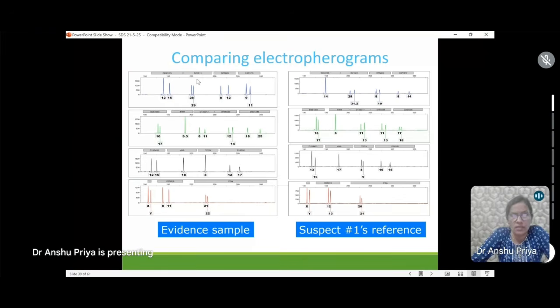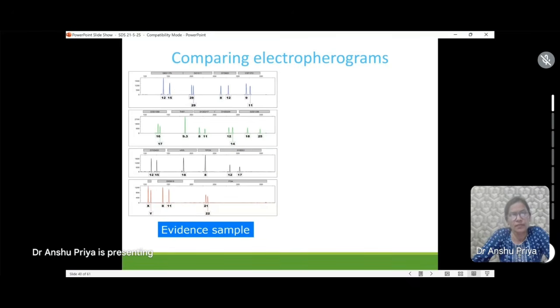Then at the other locus, 28-29, here it's 29-31.2. Similarly, we look locus by locus, and none of the loci match the evidence sample. So we can exclude suspect 1 as responsible for the crime scene, because the profile doesn't match the evidence sample.